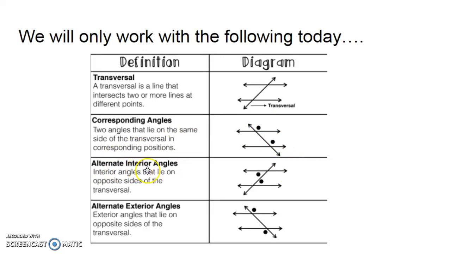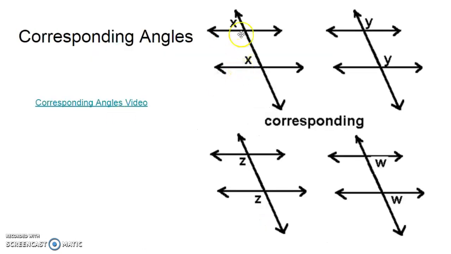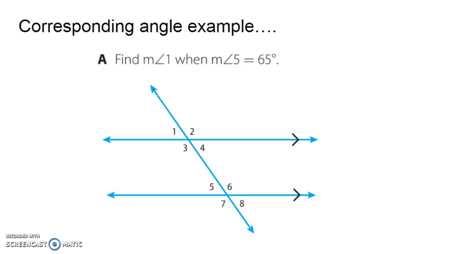Alternate interior angles, they lie on opposite sides of the transversal inside the parallel lines. And alternate exterior angles lie on opposite sides of the transversal. One's on this side, one's on this side, and they're on the exterior of the parallel lines. Okay, there's just another way of seeing that.